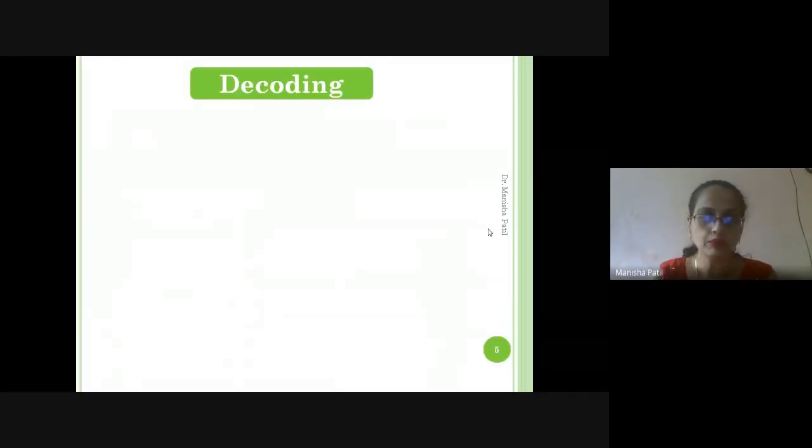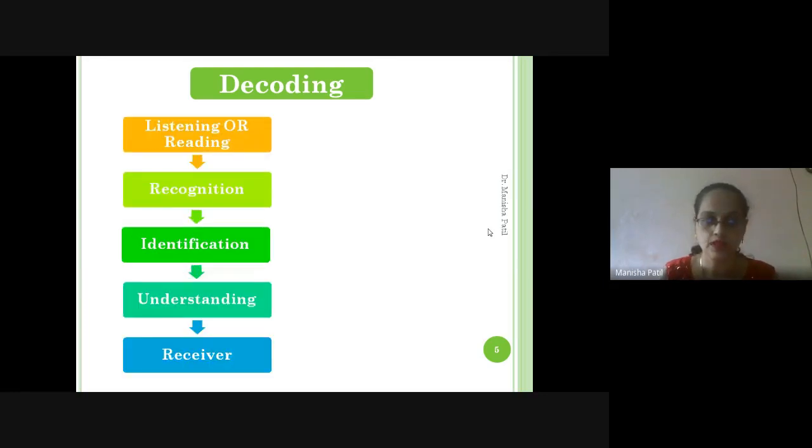Now we come to decoding. It is the other way around. First, there is listening or reading. Then there is recognition of individual letters.